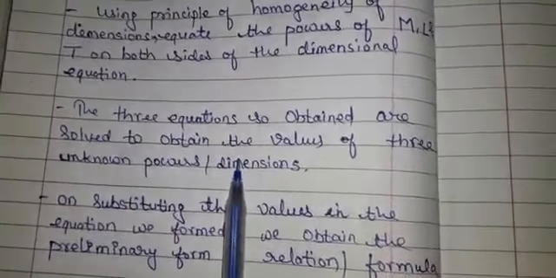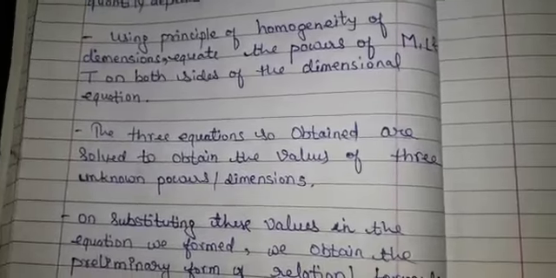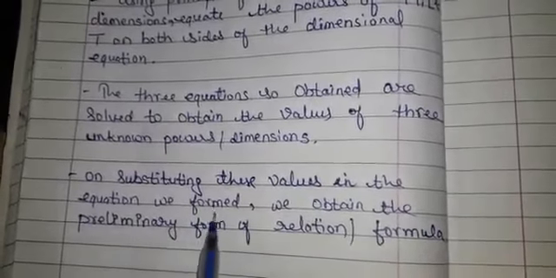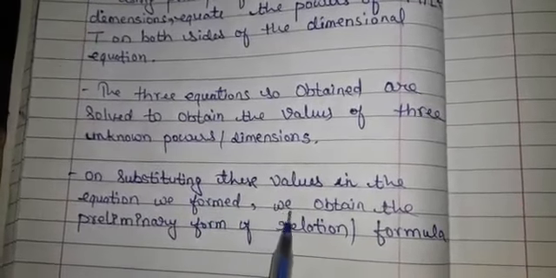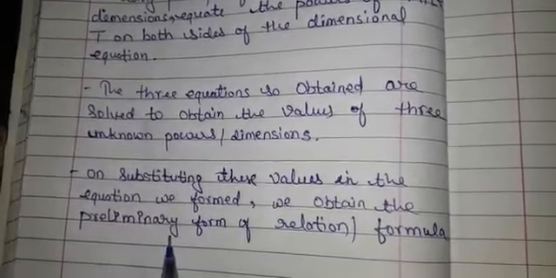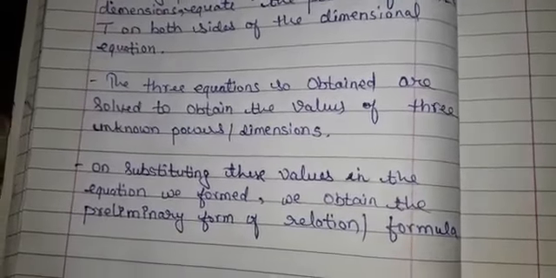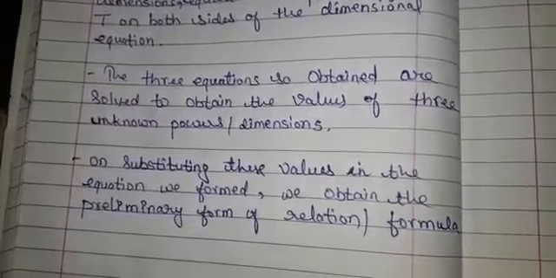We have three equations and we easily obtain the values of these three variables, in the order A, B, C. On substituting these values in the equation, we obtain the preliminary form of the relation or formula.